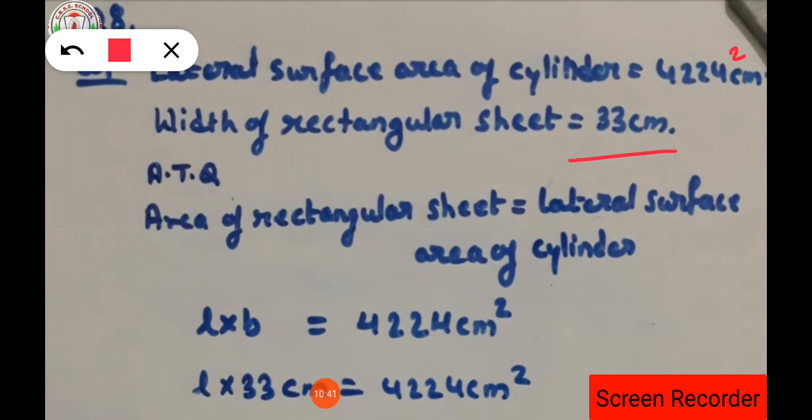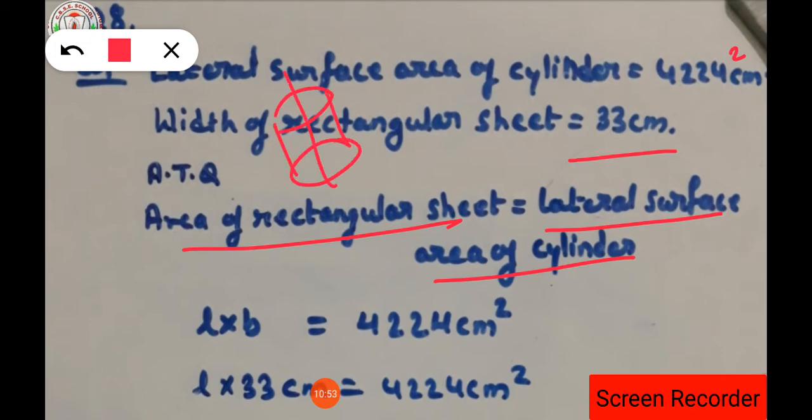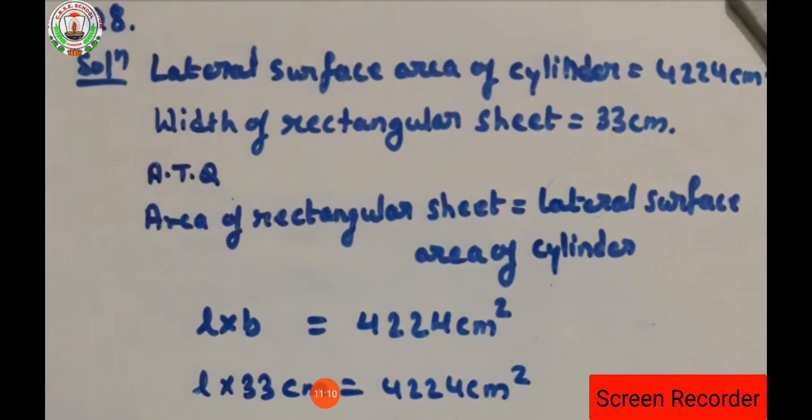As I had told you beforehand also, the lateral surface area of a cylinder will be equal to the area of the rectangle. Why is it so? Because the cylinder is going to be cut alongside its height. So when that cut is done, the cylinder is changed into a rectangle. That's why the area of the rectangle will be equal to the lateral surface area of the cylinder.